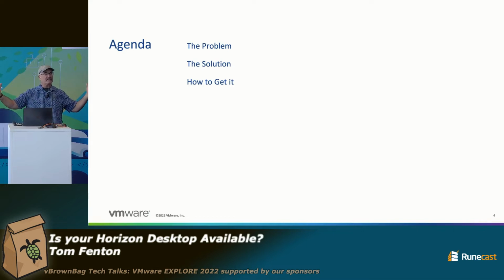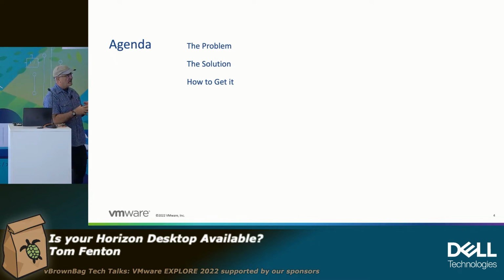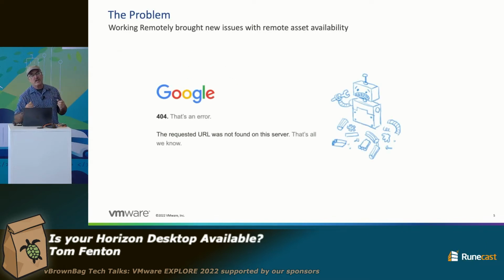But there's a lot of things that can go wrong, from the physical client to the virtual desktop or application that they're trying to connect to. We need tools to help us identify where the problems are happening and how well those remote assets are actually working. So we worked with VMware to come up with a set of tools, we call it Scoutbees, to go out there and check these remote assets.